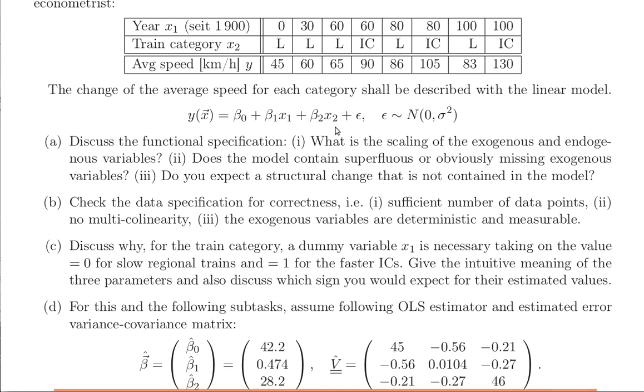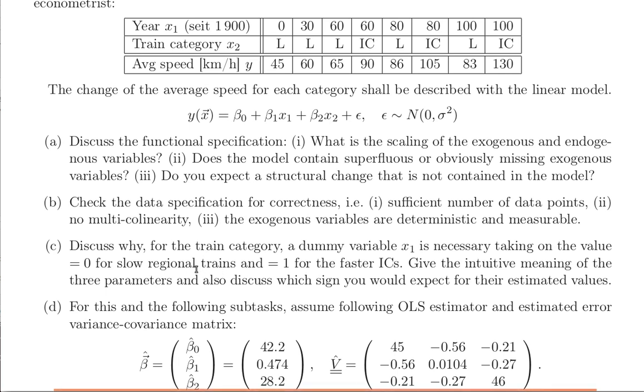So this is real valued, and here we need some dummy with which we can do arithmetic, and in the simplest case it is just 0 for slow regional trains and 1 for the faster ICs. We could also do it the other way around, it doesn't matter. It only matters that once we have taken the decision, we need to stick to it in the interpretation. So now we have fully specified the model, and also this factor is linear because it's either 0 or 1.